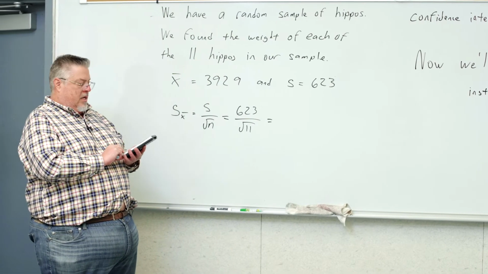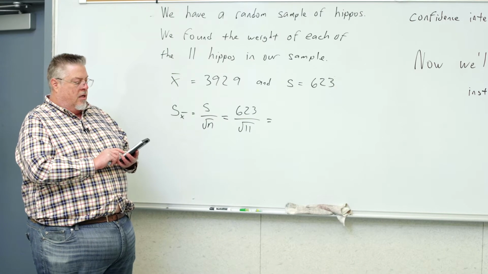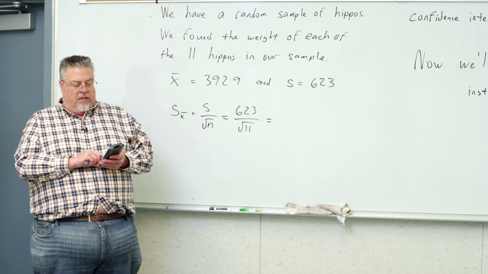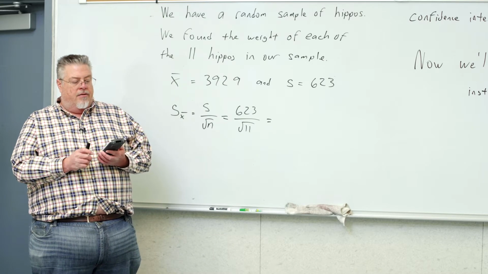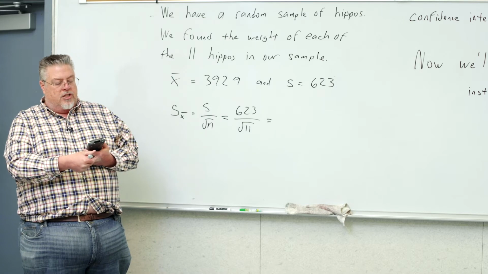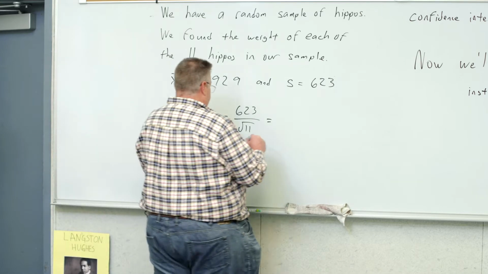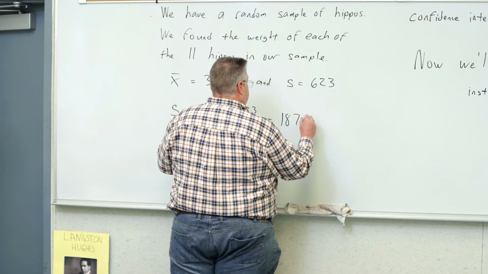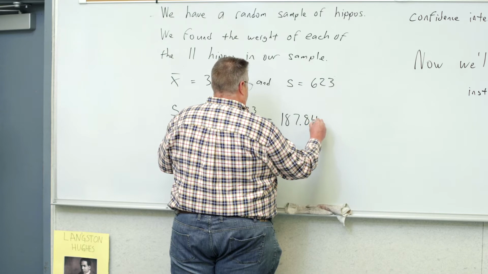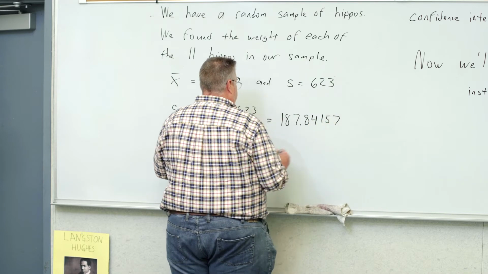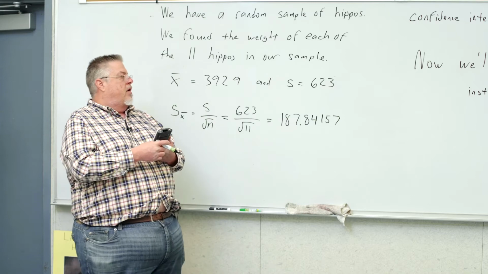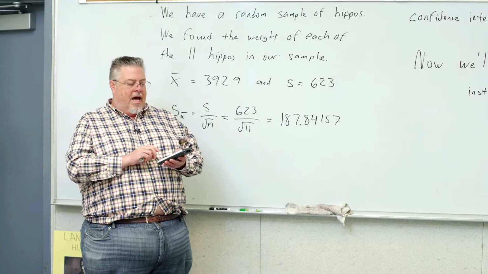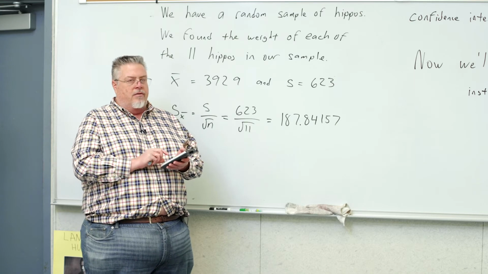I'm going to take 623 divided by the square root of 11. And again, err on the side of keeping around more decimal places for the moment instead of less. 187.84157. That's probably overkill, but I'd rather err on the side of having too many decimal places than not enough and introducing some rounding error there.